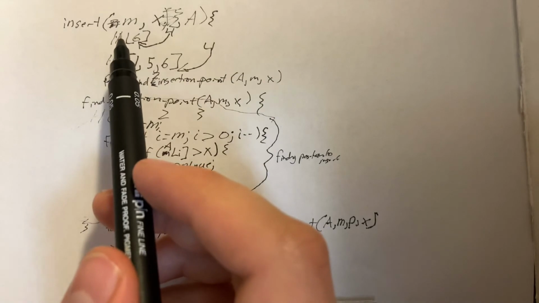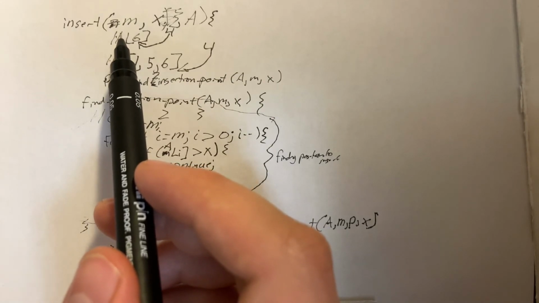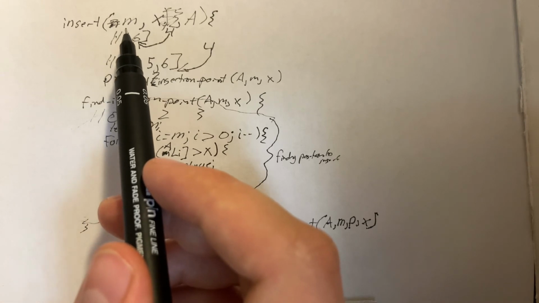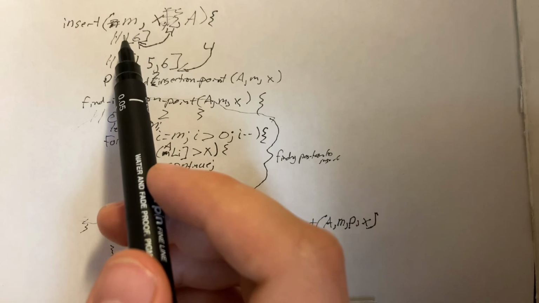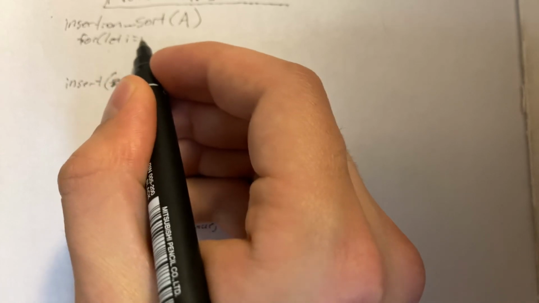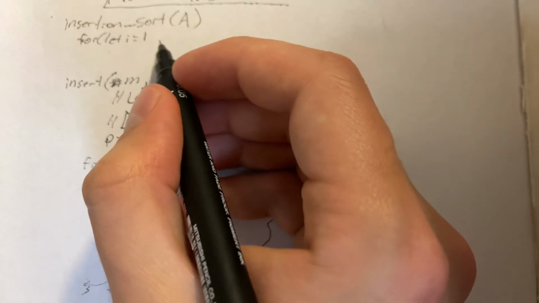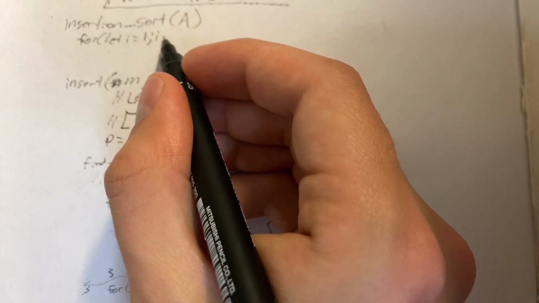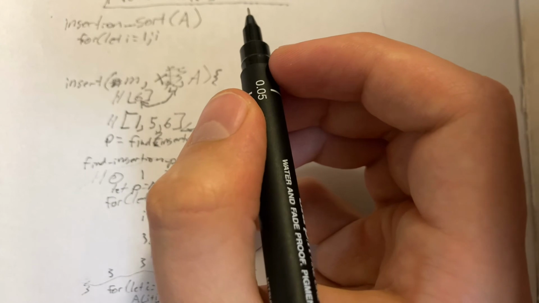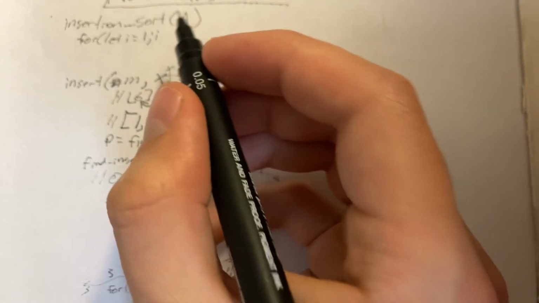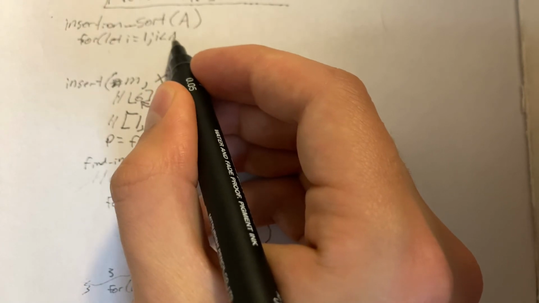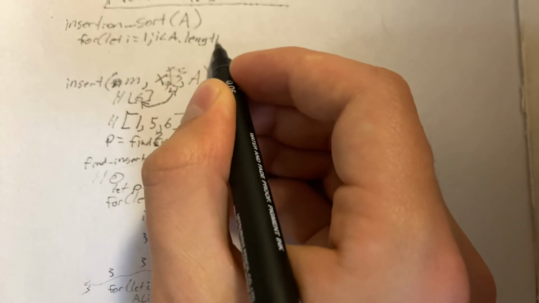So we have the insert function, and essentially we just called that on every element of the array until the end of the array, starting at position 1 using zero-based indexing, meaning we essentially said for variable I starting at position 1 going all the way until the last index, which is going to be a.length minus 1.